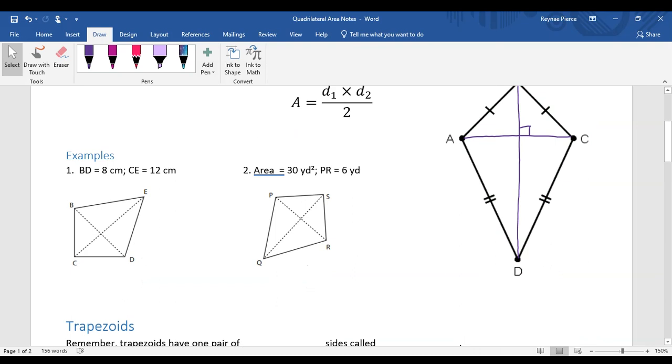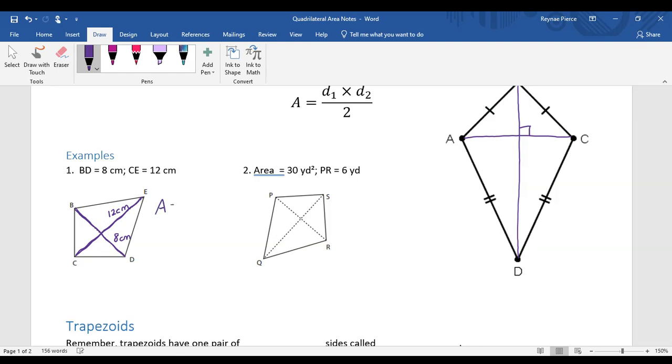So here, example 1, we're going to just jump right into it. It tells us that BD is 8 centimeters. That's one of our diagonals. CE is 12 centimeters. That's the entire length of our second diagonal.